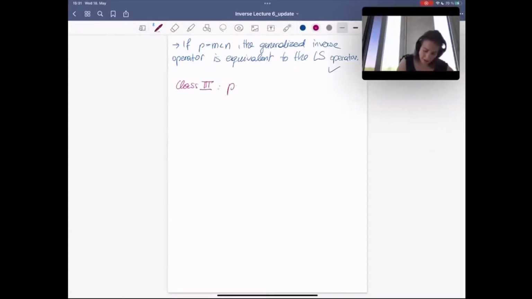So we have now p equals n lower m. What we have now is Up equals U. V is defined as Vp V0, where V0 is not empty.